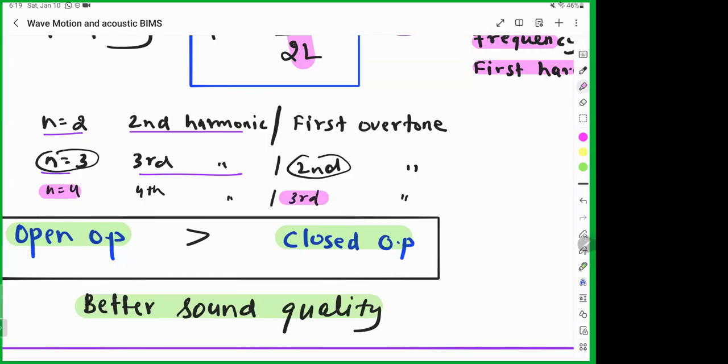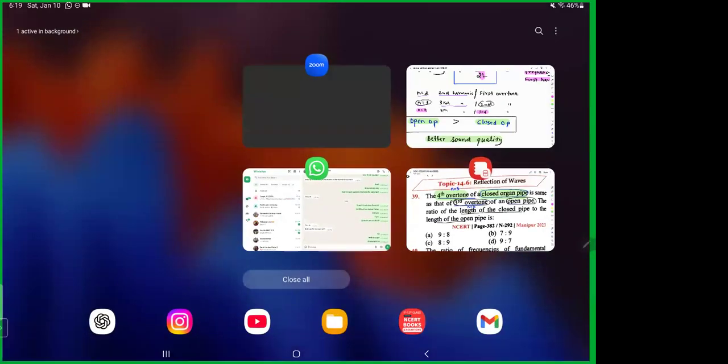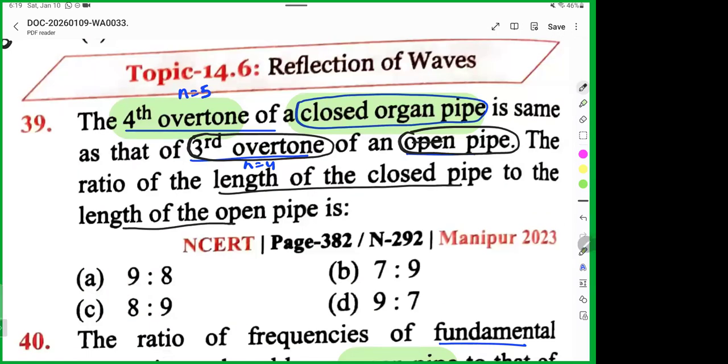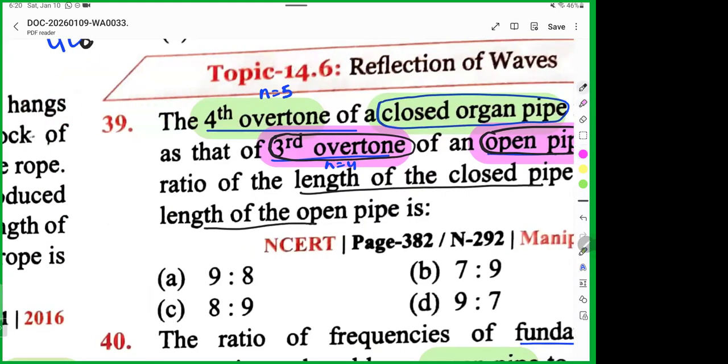So you got to know in this case of open organ pipe, your third overtone means n value 4. What is the meaning of fourth overtone in case of closed organ pipe? It's like this. If n value 0, then you will have fundamental frequency.